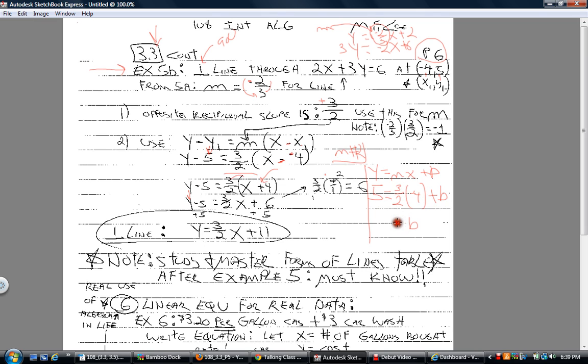And I'm not going to do the arithmetic, but you would have gotten 11. And you might like this because that's pretty easy to do. And then you turn around, you know that the b, the y-intercept is 11, the slope is 3/2. That's the opposite reciprocal from the original line. You simply substitute them in and you'd be done.